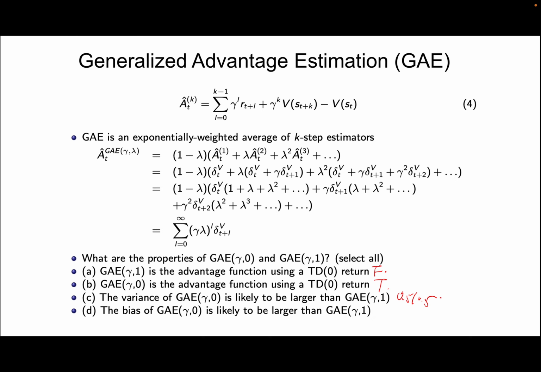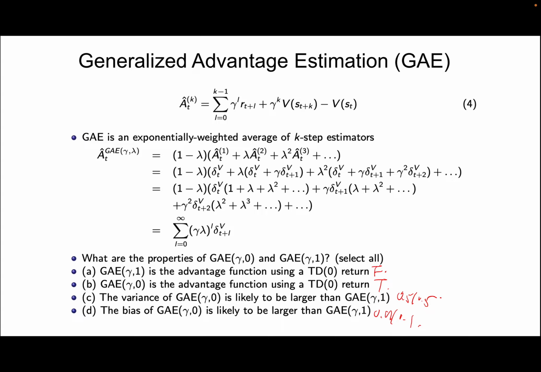True? False? Not sure? True, raise your hand. False, raise your hand. Okay, 0.9, 0.1. Let's see. GAE gamma 1 is the advantage function using TD0 return.